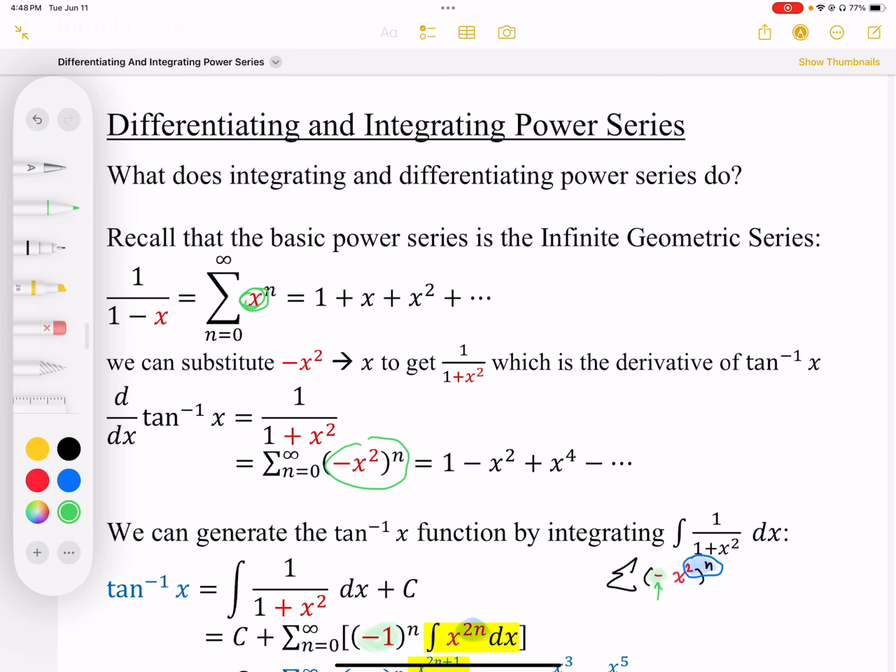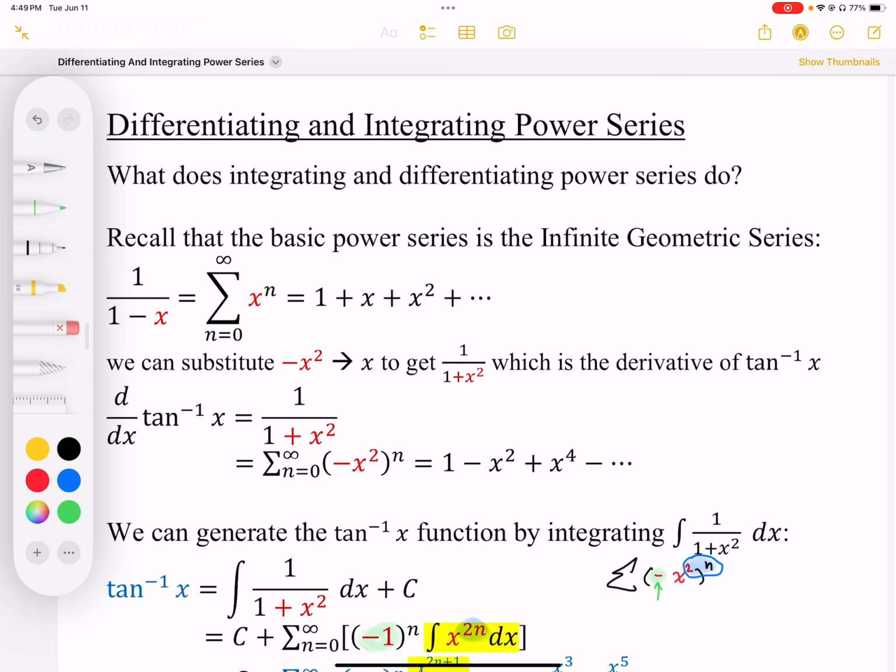So from 0 to infinity, we get 1 minus x squared plus x to the power 4. So it's an alternating series because of that negative. That substitution generates this new function, which happens to be the derivative of arctan. So we started with a basic function, our power series, substituted it in, and generated a new function and a new series, the function being 1 over 1 plus x squared.